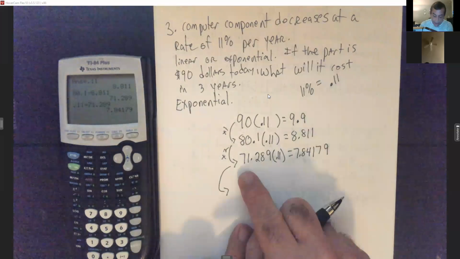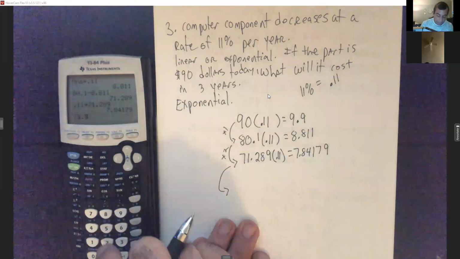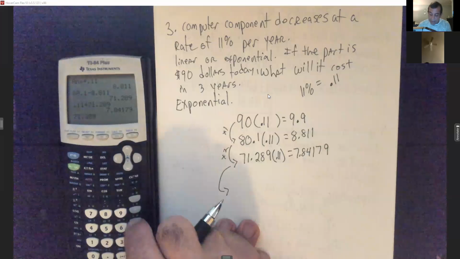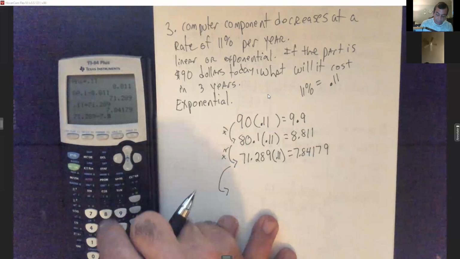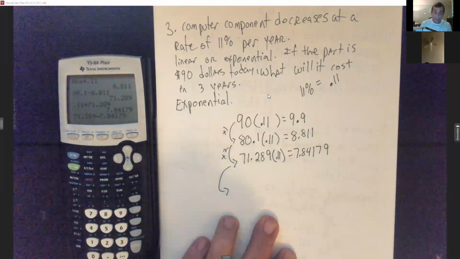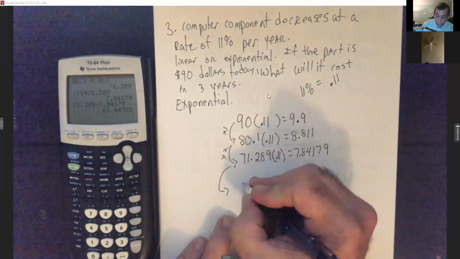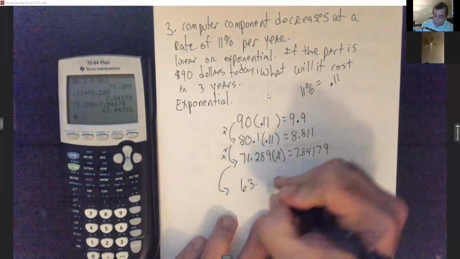So take that 71.289 minus the 7.84179 to give me a final answer of 63.44721. Now, let me see where they want me to round this off at.